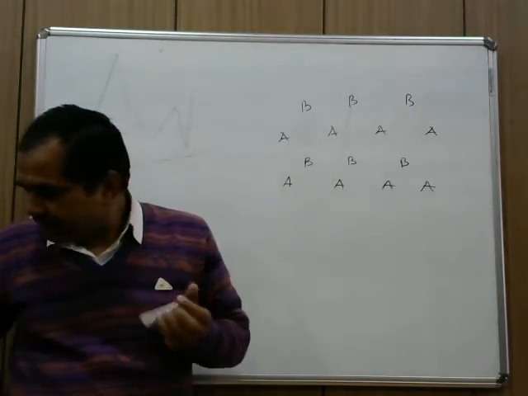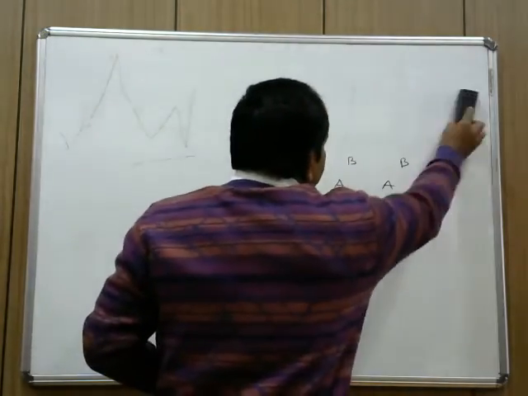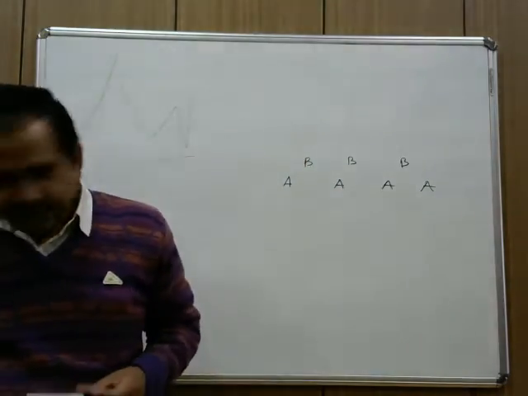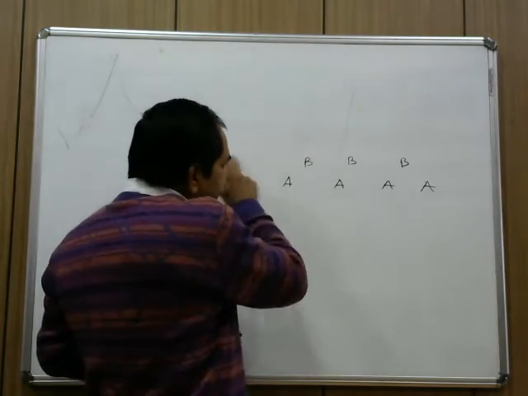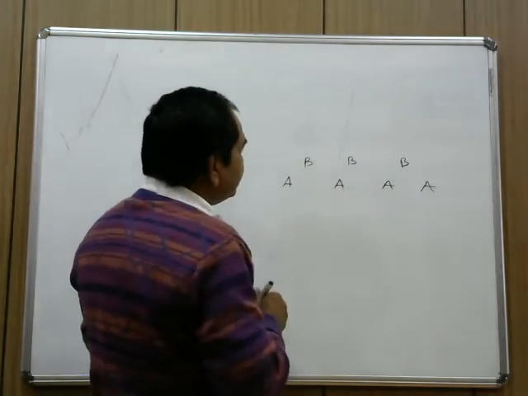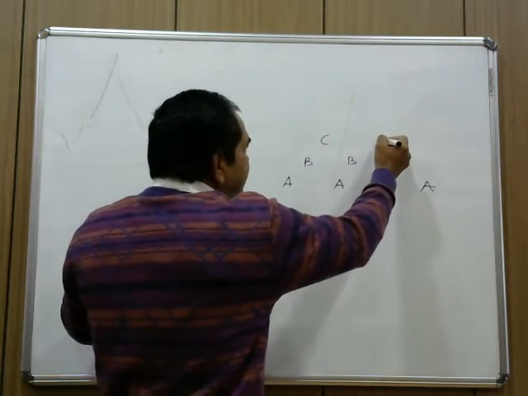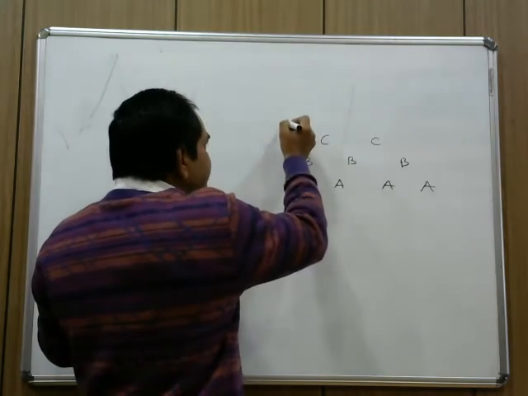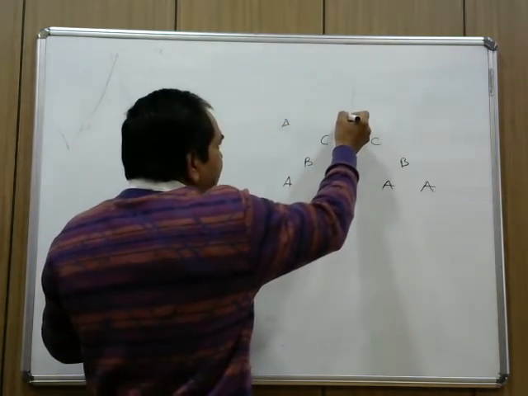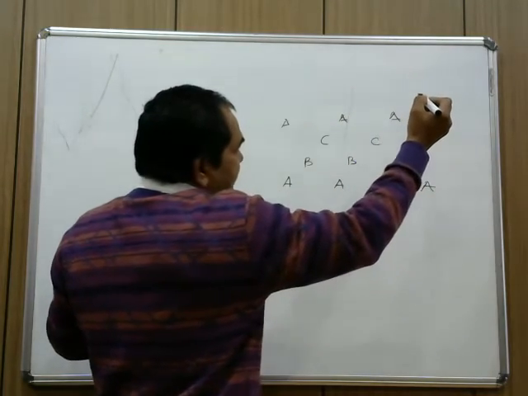Clear? Now let us see another way. These are the squares of the first row, these are the squares of the second row, and these are the squares of the third row.